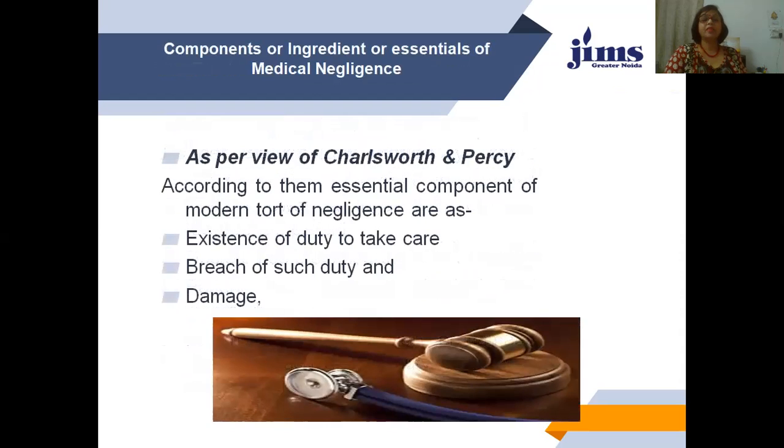As per the view of Charlesworth versus Percy, there are three components or essentials to constitute medical negligence in the modern law of tort: existence of duty to take care, breach of such duty, and damages.